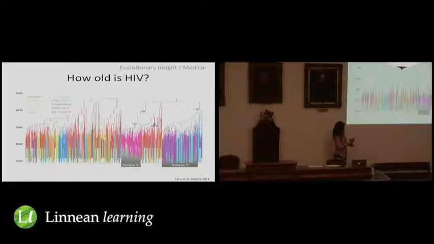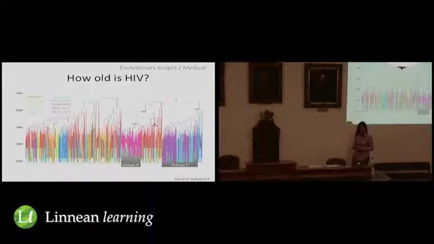So clearly the spread of HIV was more successful between the 1920s and the 1960s. So what was it about this particular time period that resulted in this spread?